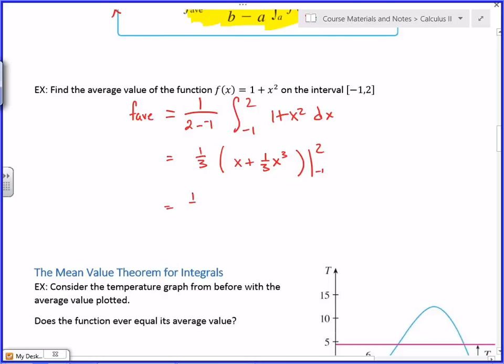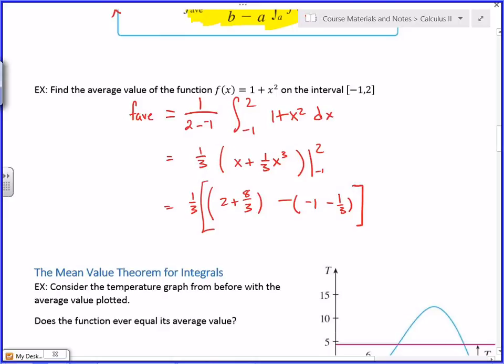So that's 1/3 times, maybe, x plus 1/3 x cubed. 2 plus 8/3 minus, at -1, -1 minus 1/3. 2 cubed is 8. And then at -1, -1 cubed is -1, so -1/3.